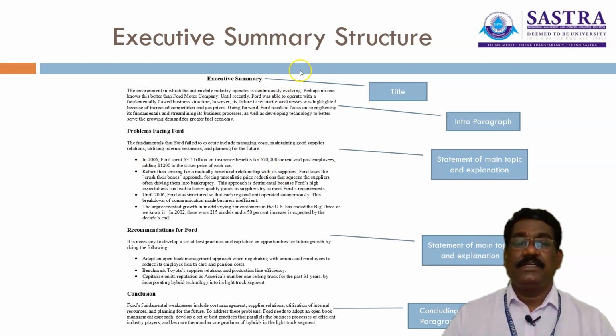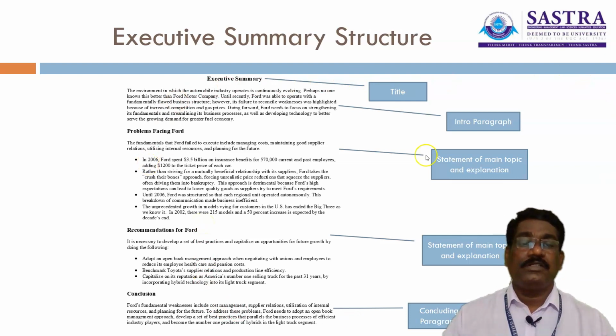I have also given a template of an executive summary. Title, then the introduction, where you talk about the research: the problem statement, research question, research objective, the significance and purpose of the research. Then the statement of the main topic and explanation of why this topic is required, and the recommendations you make out of your findings, and the conclusions.